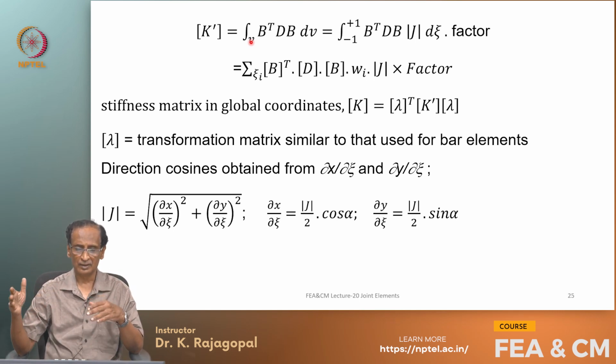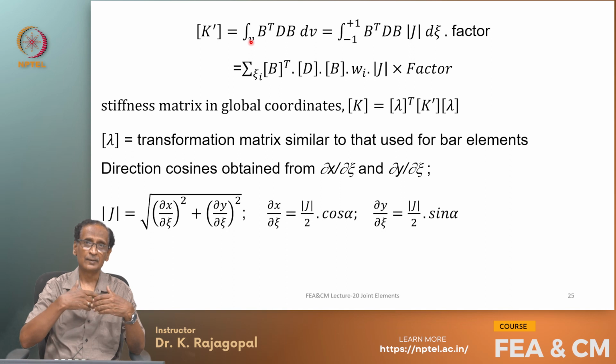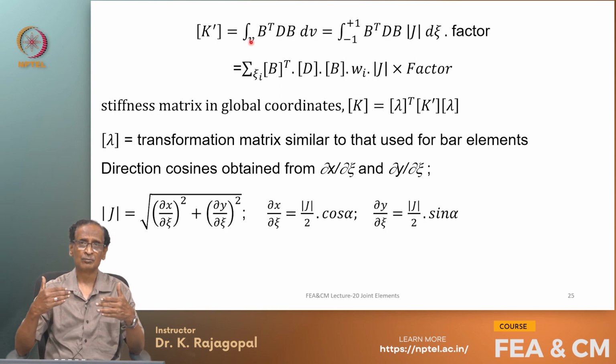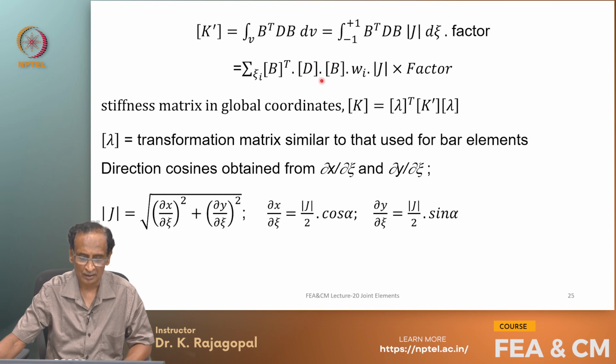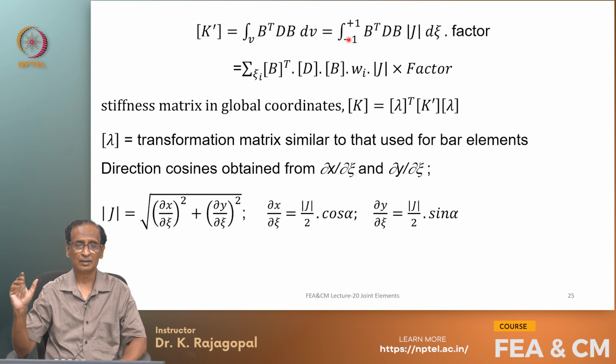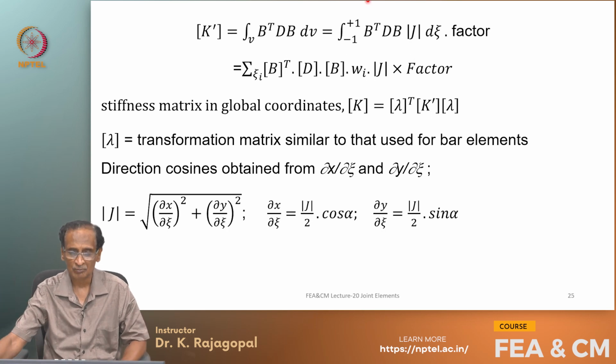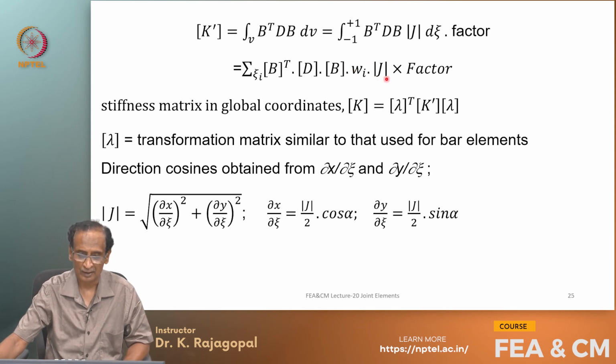So, we are going to do this integration from -1 to +1 in the isoparametric space, multiplied by some factor that relates the out-of-plane direction, either the thickness, a unit value, or the radius in the case of axisymmetric analysis. Because it is a line element, we will have only one dimensional integration, in the xi direction. So, we have one weight factor and the determinant of the Jacobian matrix J.